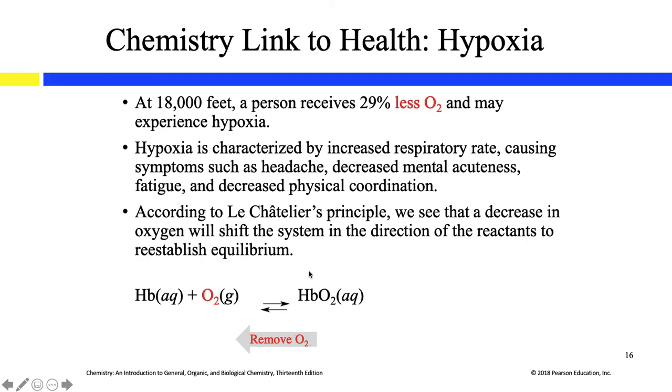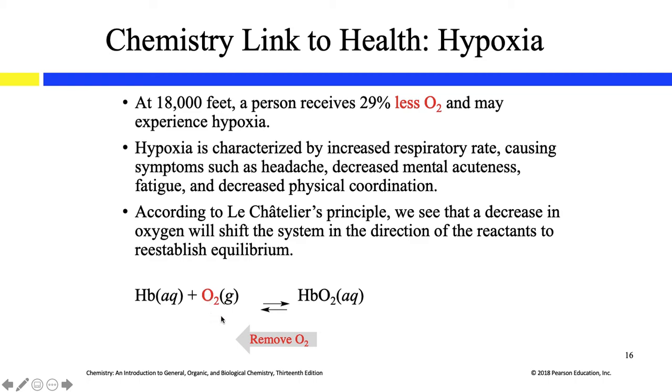The way we respond to that is by increased respiratory rate. You're trying to breathe faster to get more oxygen into your blood, into your tissues. Eventually, if you lived at higher elevations for a continued period of time, your body gets used to that. And how it does that is it compensates.